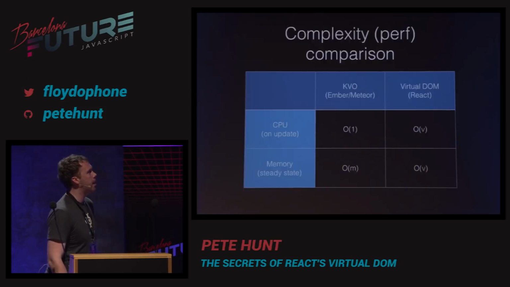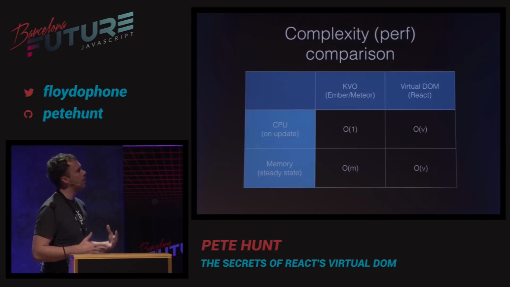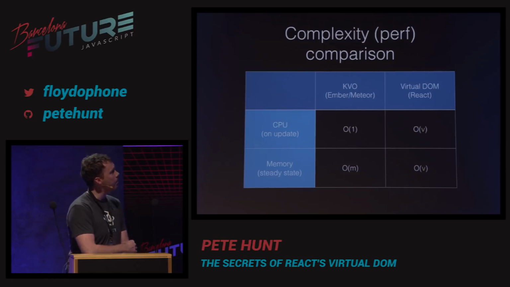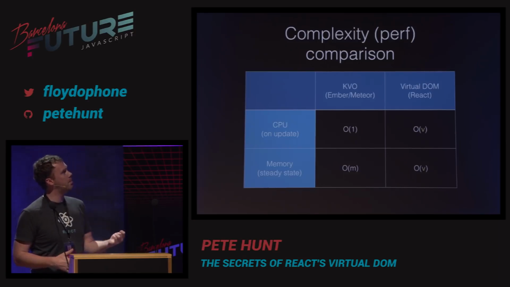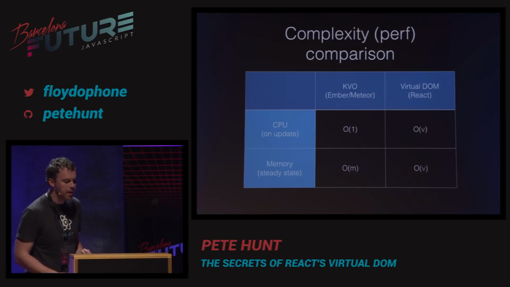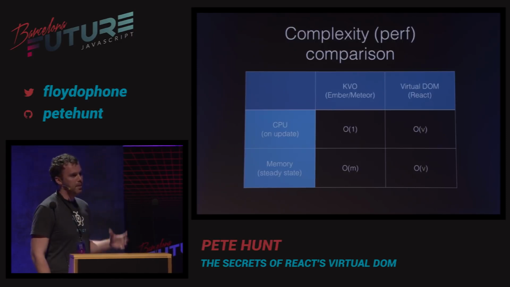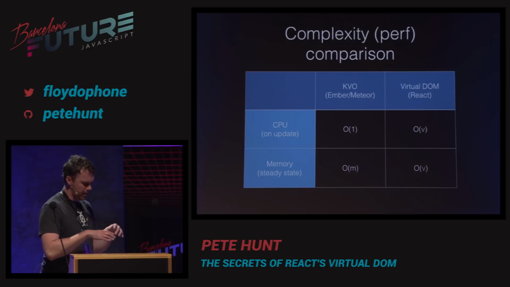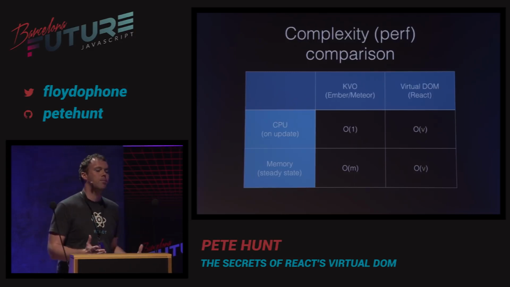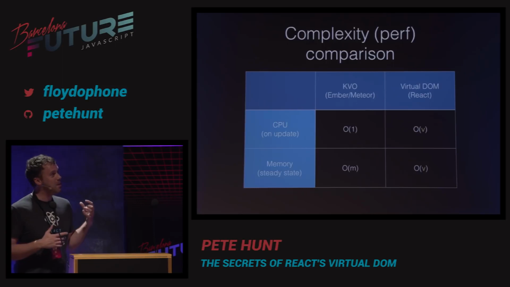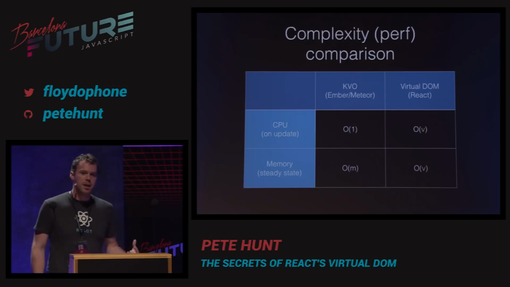So if we were to break it down in kind of a hand-wavy way with big O notation, you would see that KVO can update in constant time. Virtual DOM updates in linear time as a function of v. But one of the big differences here is memory usage. Maintaining that representation of all of your computed properties and observables gets to be really expensive when you use KVO.